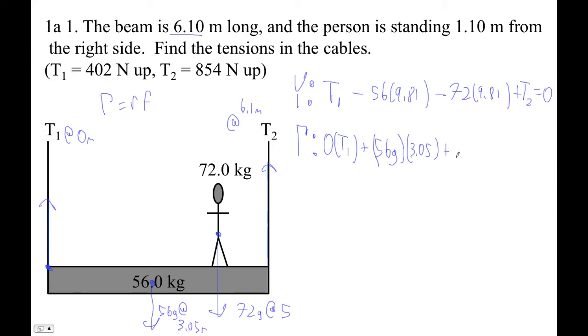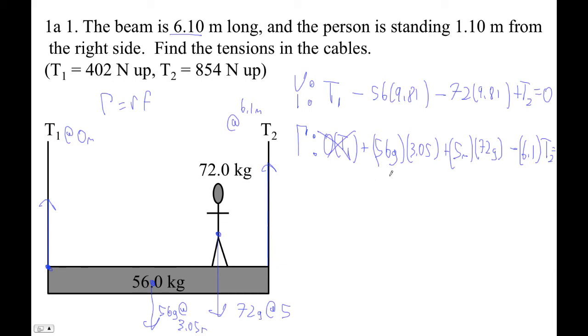Plus 5 meters times 72g. g is 9.81, I'm just too lazy to write it all out. And then minus 6.1 times T2, and all that equals 0. This one's solvable because this force drops out of the equation.